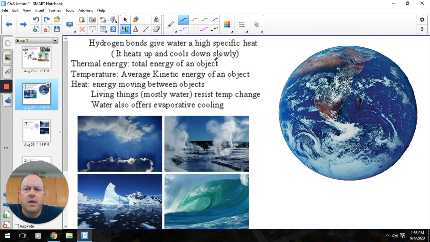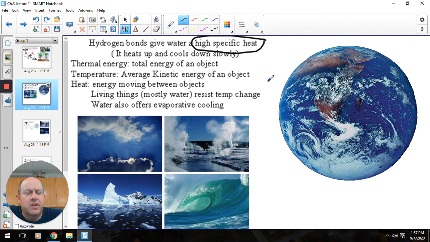So some more interesting properties that help make water so valuable for life is the fact that it has a high specific heat. What specific heat means is that a substance is going to heat up or cool down slowly. Something with a low specific heat would heat up or cool down quickly. So metals have a low specific heat. They heat up very quick, but then they cool down very quickly.